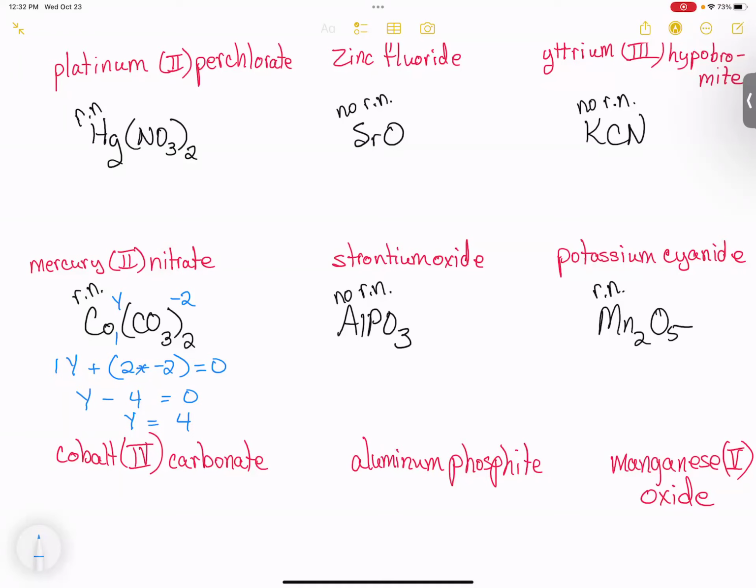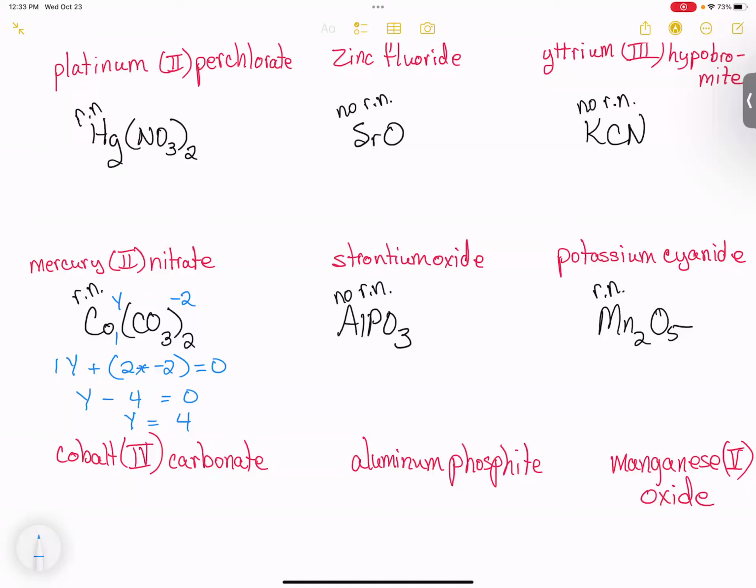It is in period 2, so the O is going to have 3 of them. And it just happens to have a -2 charge. So the CO3 has a -2 charge with it. So we had to figure out the Roman numeral on the cobalt, which we made as a Y. There's one of those.